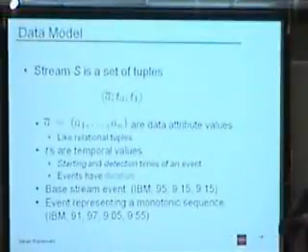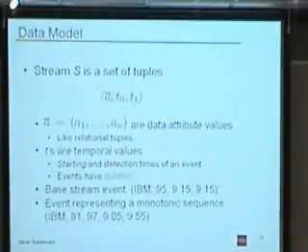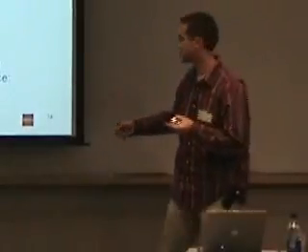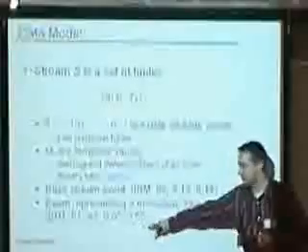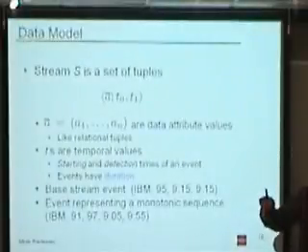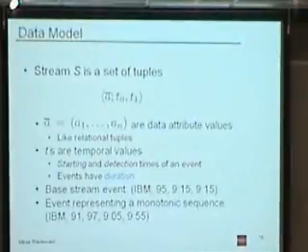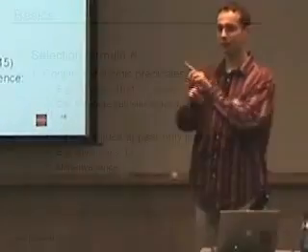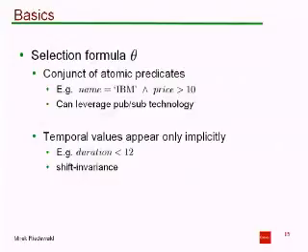Now if we match a sequence of, let's say, monotonically increasing stock prices, that sequence starts at a certain time and it ends at a certain time. And instead of just using the end time, which is the time when that sequence actually happens, we also want to remember the start time in order to avoid problems with the query semantics, which I mentioned before, where the sequential composition is not really well defined.